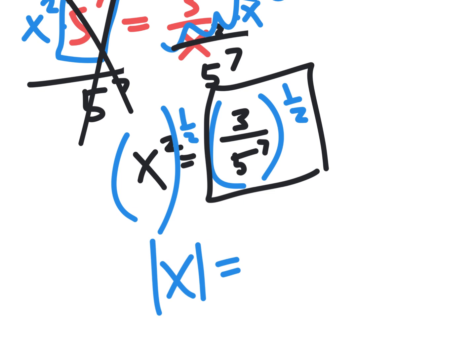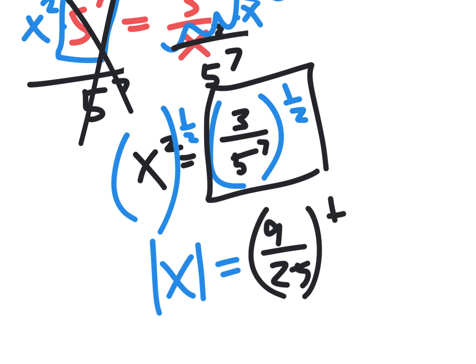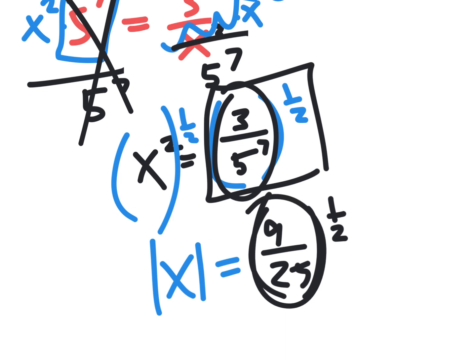Let's say that it was 9 over 25 to the 1/2 power. Would you have been able to do what 1/2 power means? Doesn't it just mean square root? So then this one would have been 3 over 5, so 3/5. But I totally faked this turning into this because I wanted it to work nice.